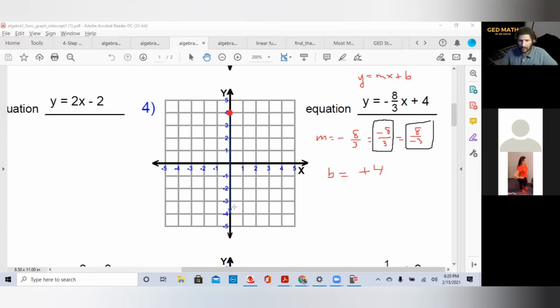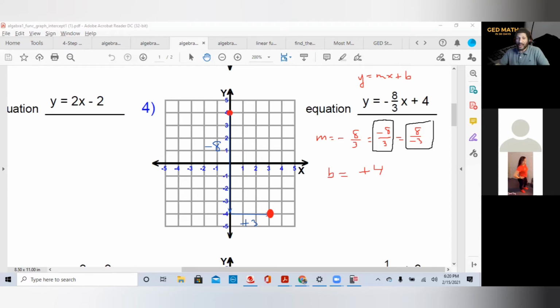My run was what? +3: 1, 2, 3. So this is what's so important. We went -8, which was our rise, and we went +3. And now let me change back to my red and get my point. And now we have our second point.